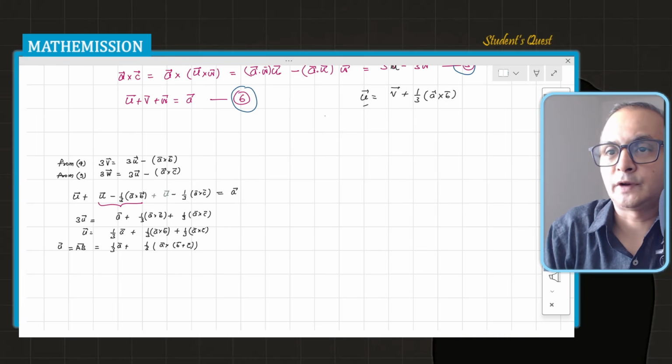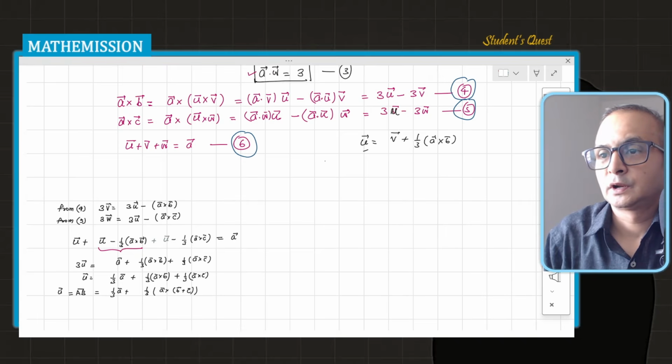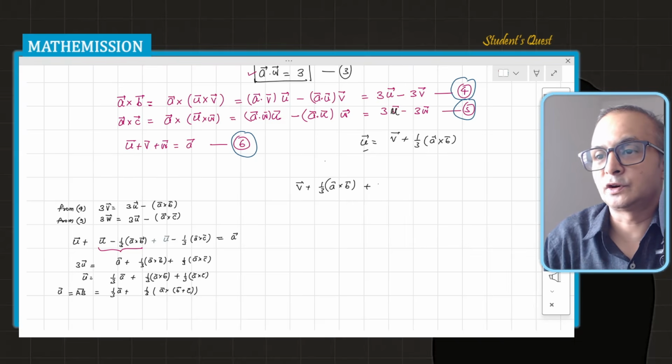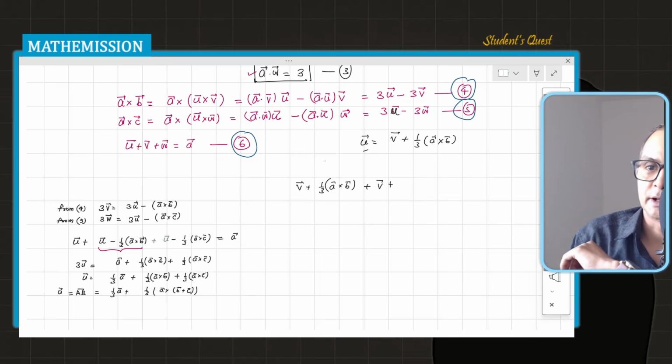So I have to find out the v vector. Sorry, I have to find the v rather. So I'm going with the same thing, 1/3 a cross b, and v is already v, and w I can write from here.